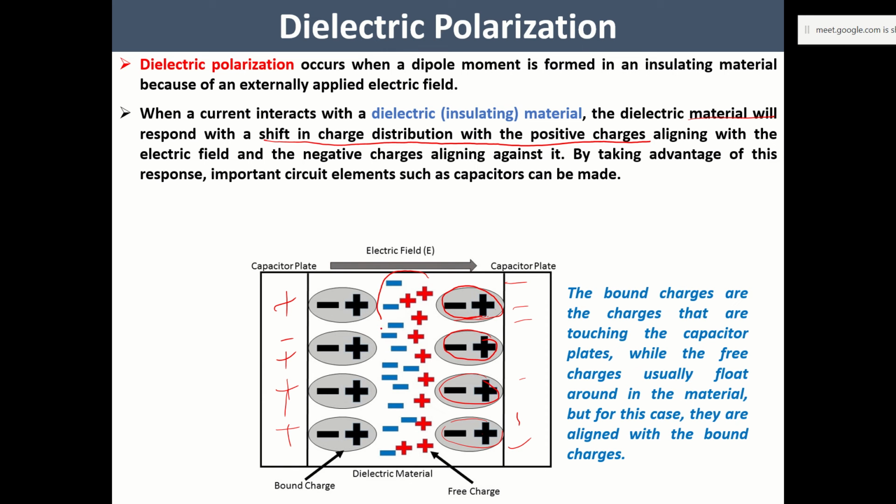In between the two, you have an inner layer in which the dipoles are not tightly bound, but rather free. So there are two types of molecules within the dielectric material that you can distinguish. One, between the capacitor plates we have free charges usually floating around in the material, so that is the middle situation.